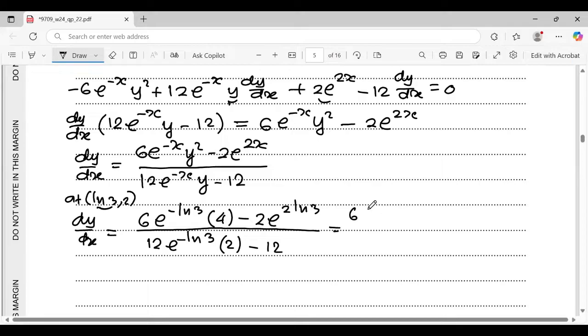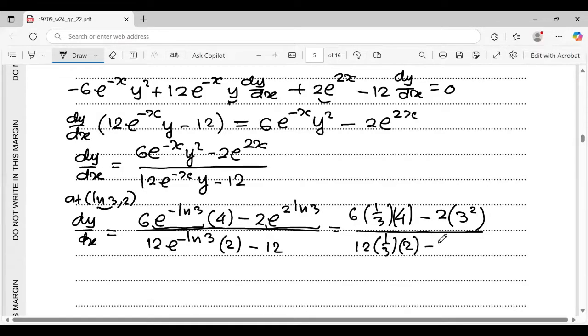So it's going to be 6 times e to the power minus ln 3, which is 1/3, times 4, minus 2 times e to the power 2 ln 3, which is 3 squared, over 12 times 1/3 times 2 minus 12.